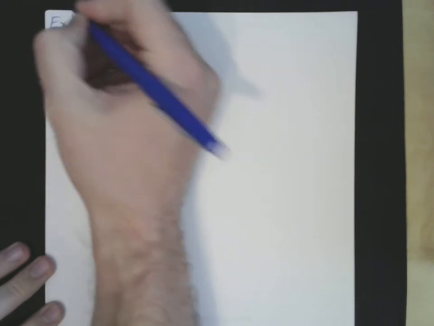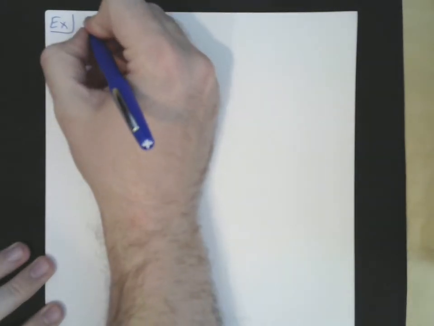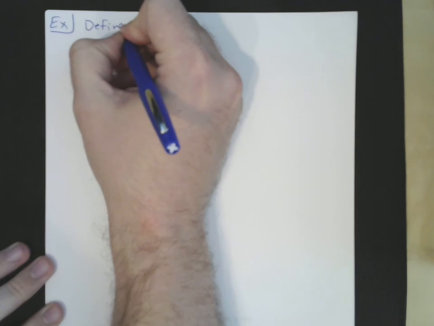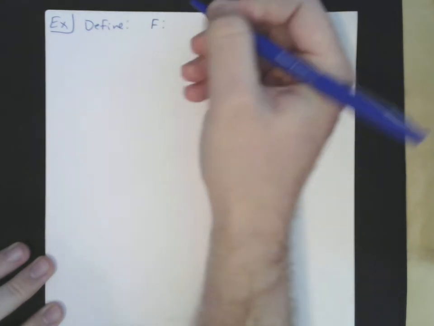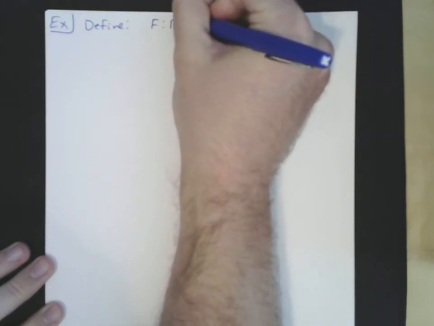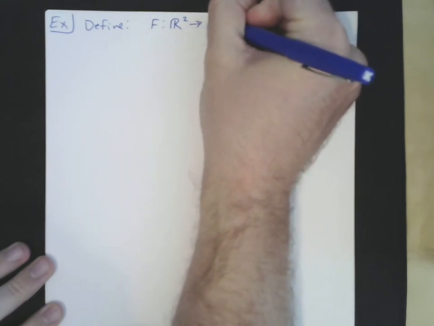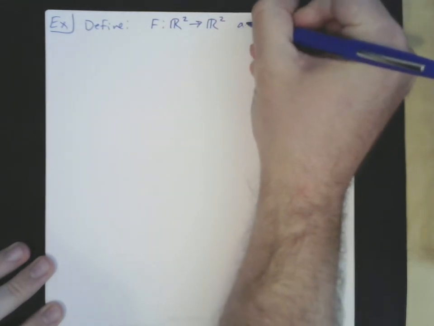So let's look at an example here. Let's do a little bit different function. So let's map R2 into R2 with f.